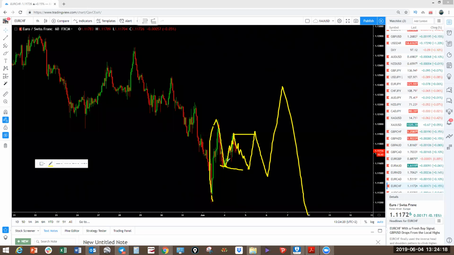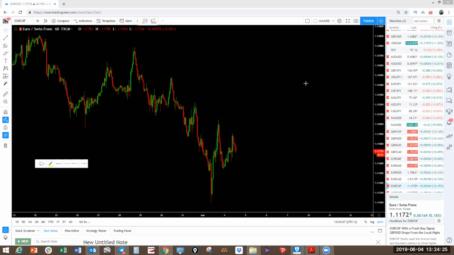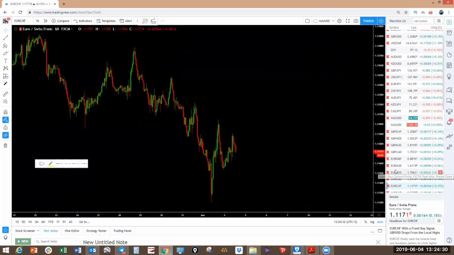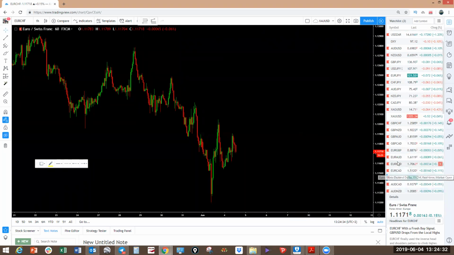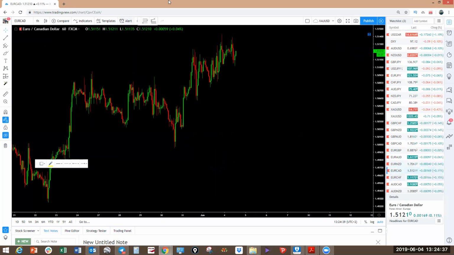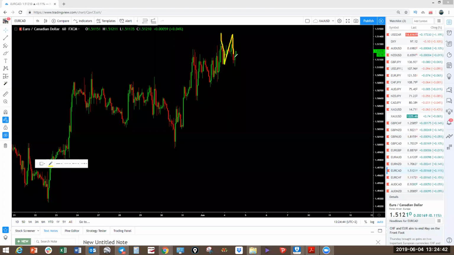Let's see, there's no confirmation there, but you can look out for this to break here for a move to this side. We have looked at Euro New Zealand. EuroCAD has got an expanding flat here, regular flat rather. So it means continuation to the upside. Okay, that's EuroCAD.